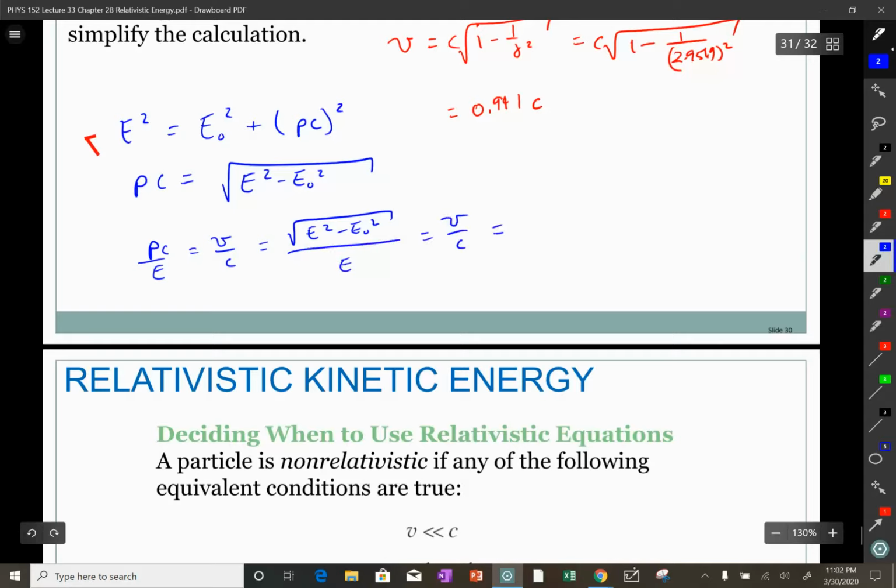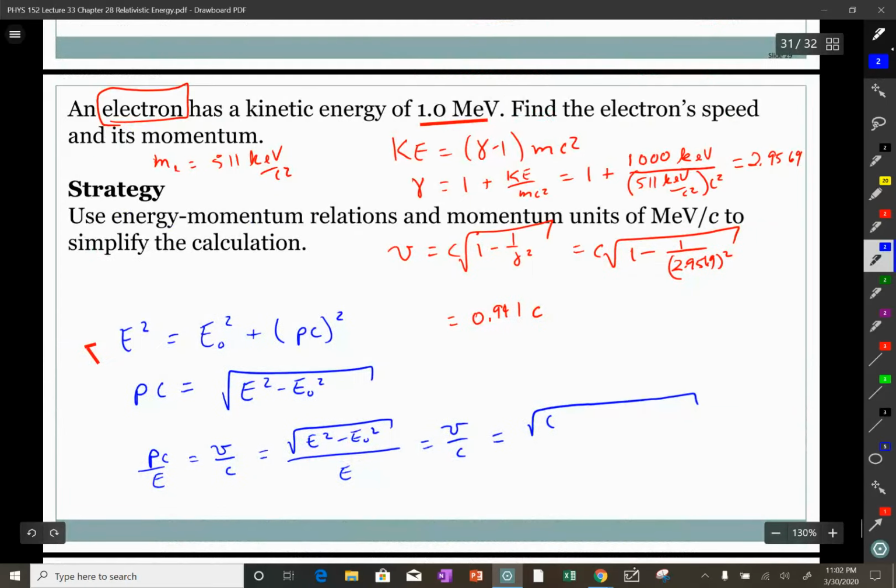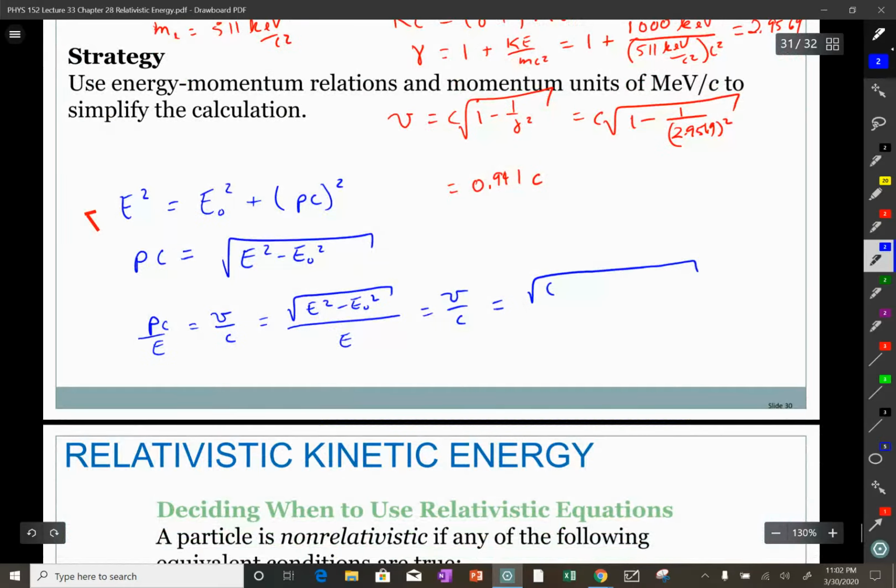So that's equal to the square root of my total energy, which is 1 mega electron volt for kinetic plus 0.511 mega electron volts for rest.